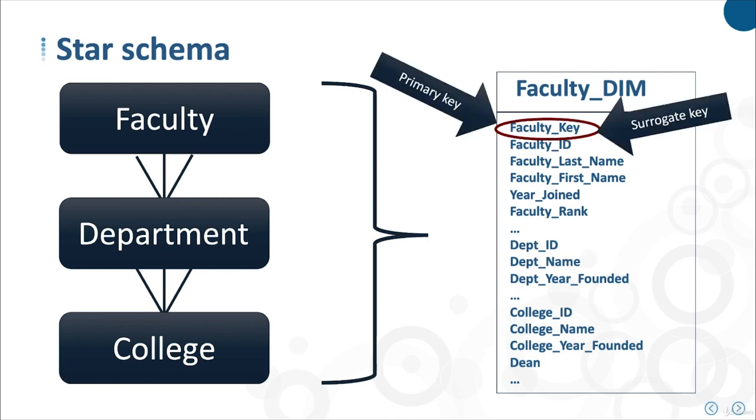Whereas faculty key is the single field that's being used as a primary key. And again, as indicated by the word key, it's a surrogate key that's generated within the data warehouse. So that table has three natural keys, but the actual official formal primary key is the surrogate key, faculty key.